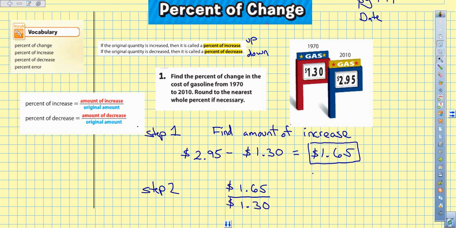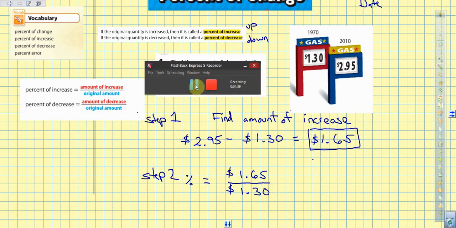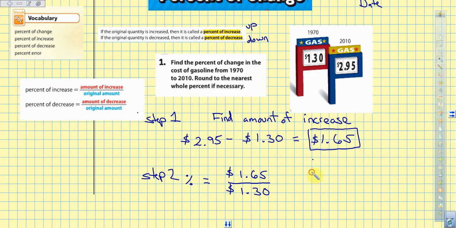This is going to equal our percent. From this part, you have to find the percent, so we're not there yet.